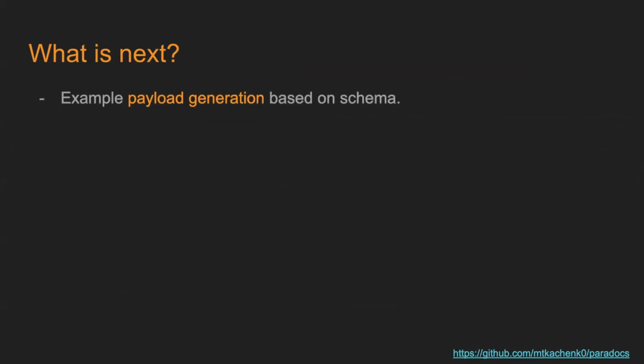So what do we have so far? And what I'm going to do in the next releases. In my main project, I have implemented example payload generation based on the schema. Some useful tools for fields descriptions management.